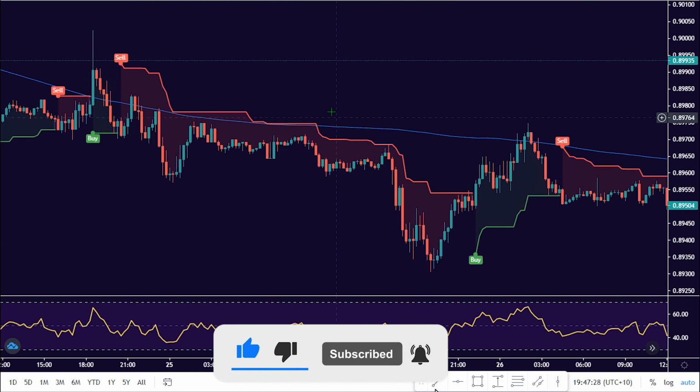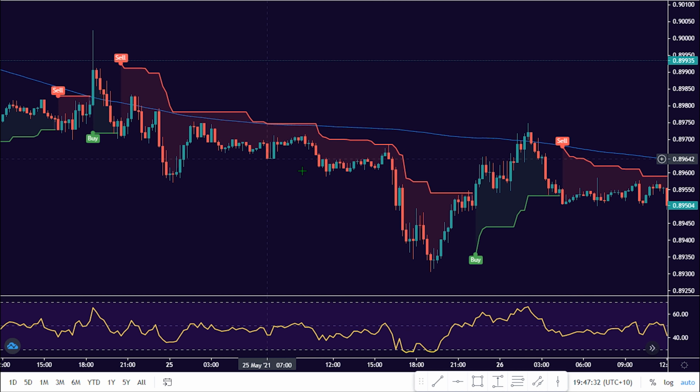Here comes another sell scalping setup in this bearish trend. The Supertrend indicator generated a sell signal and it crossed below the 200 moving average indicator. The RSI is slightly below the 50 scale value, which signals room for a more bearish move downward.